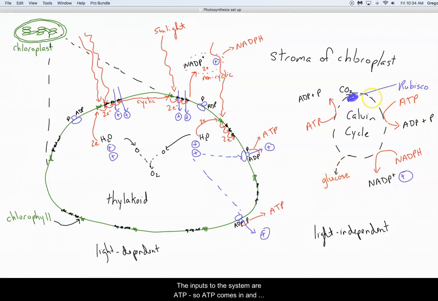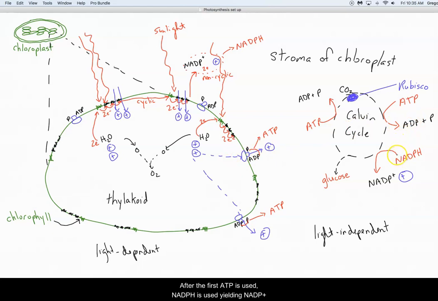The inputs to the system are ATP. So ATP comes in and powers part of this cycle and gives off ADP and free phosphate, which can then return to the thylakoid and the ATP synthase there and hook up to be made ATP in the light-dependent reactions.